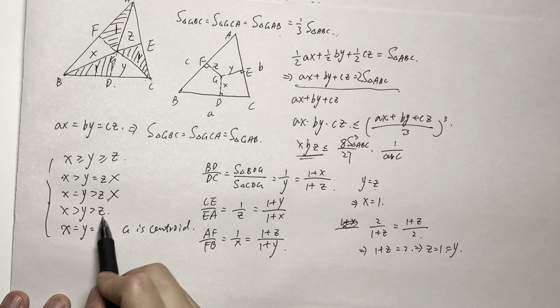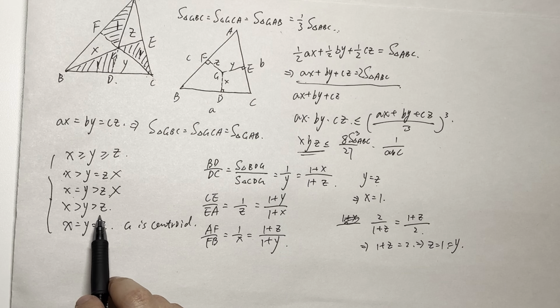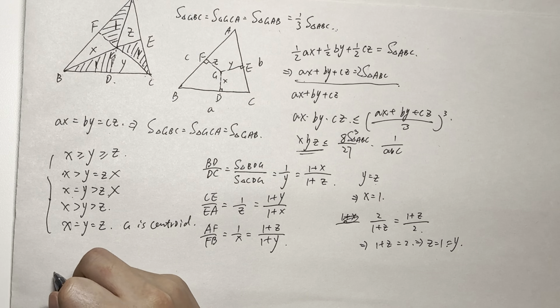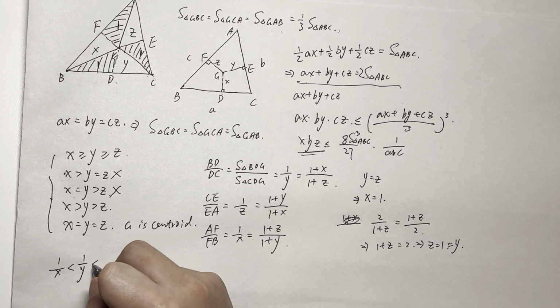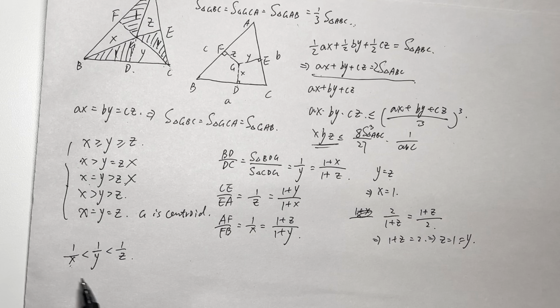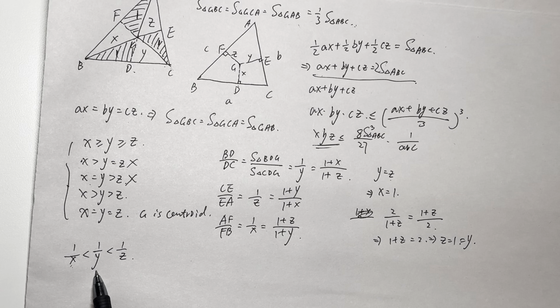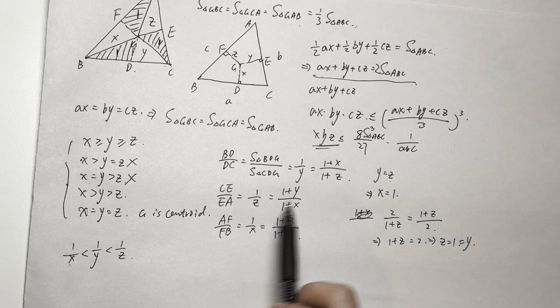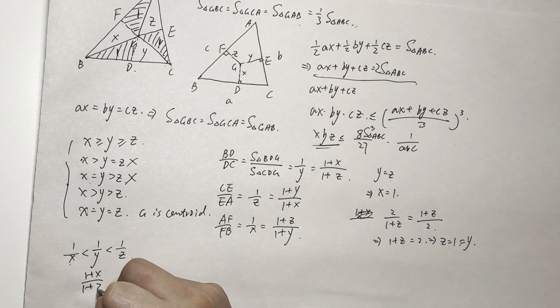And what about the case x larger than y larger than z? Because x is larger than y larger than z, 1 over x is smaller than 1 over y smaller than 1 over z, right? And look at this one. What is this one actually? Y is 1 plus x to 1 plus z.